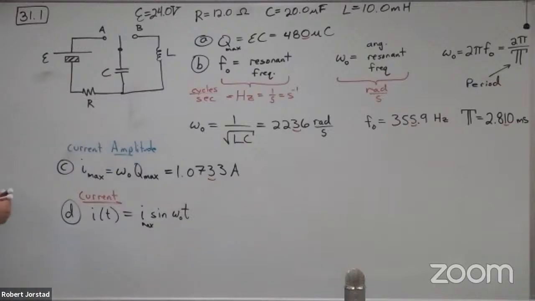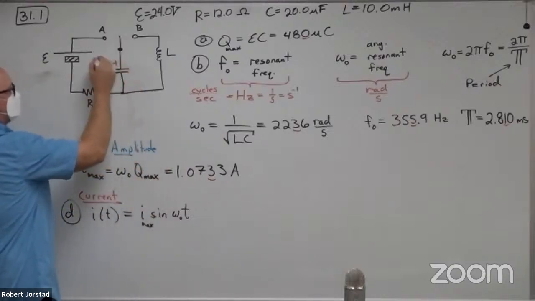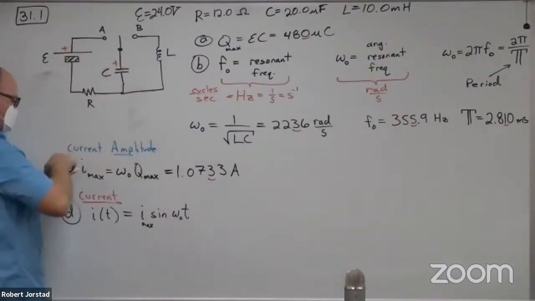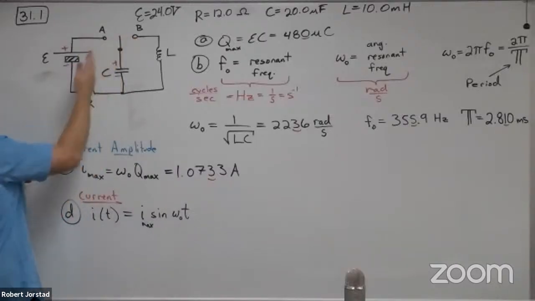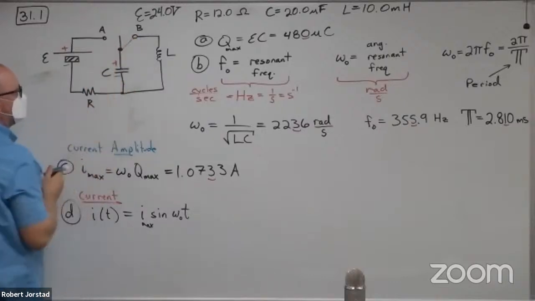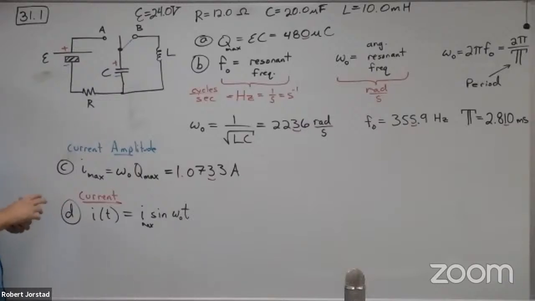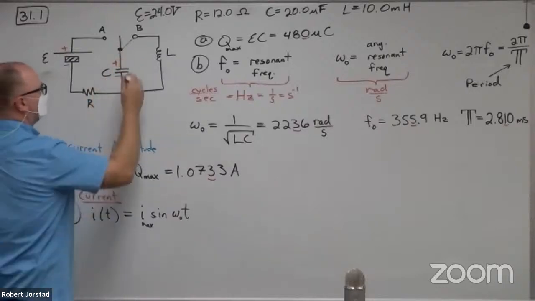That's what it should look like. Now, which way is current going to flow initially? This is the initial state. This is where the picture comes in handy. The capacitor, when we shift it to position B, which way is current going to flow? Clockwise or counterclockwise? That way, whatever way that is.